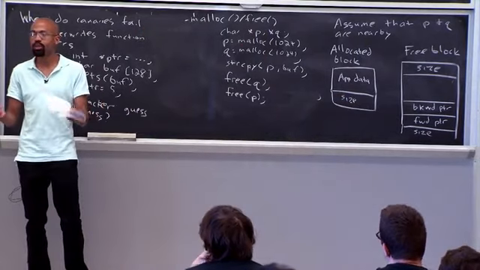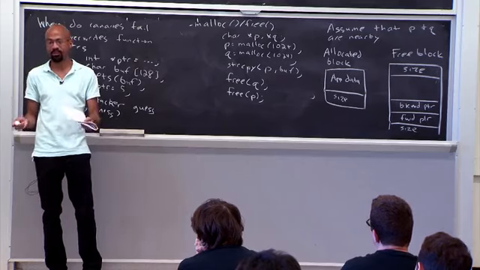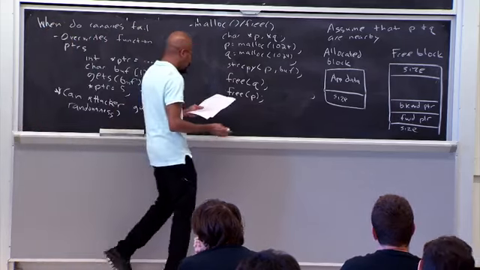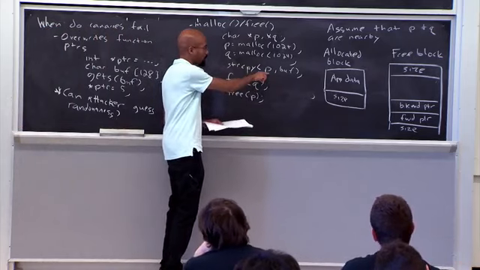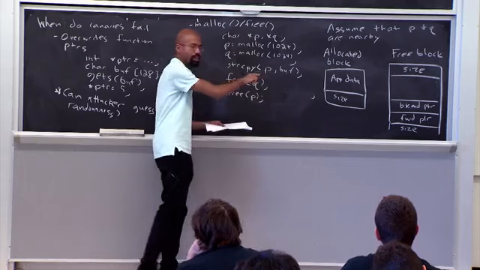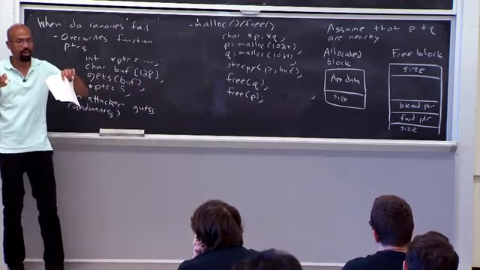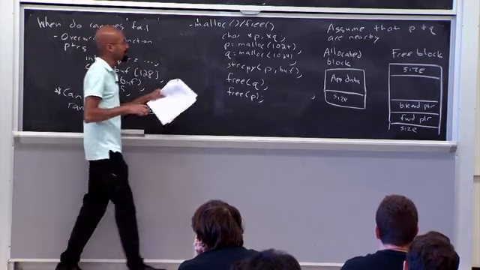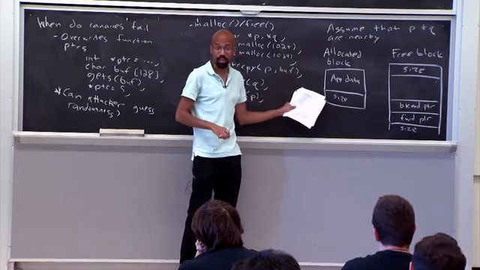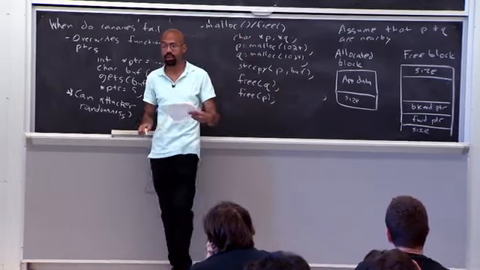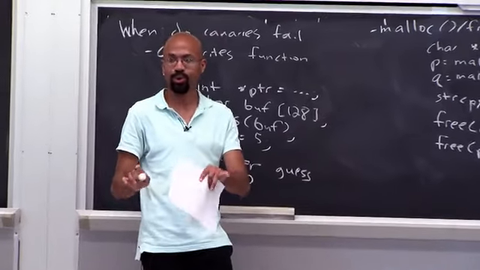As always, whenever you hear pointer arithmetic, you should think chicanery, because that's where a lot of these problems come about. The thing to note is that we had this buffer overflow in P. If we assume that P and Q are next to each other or very close in memory, then this buffer overflow can overwrite some of the size data for the allocated pointer Q. Is everybody with me so far?